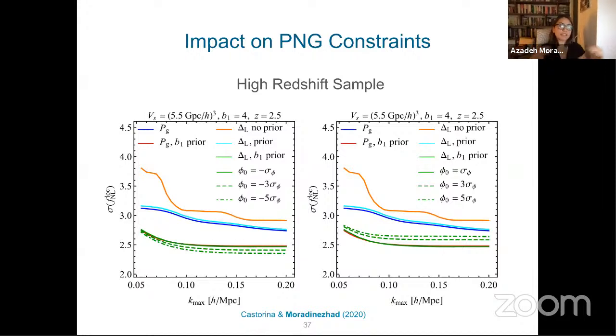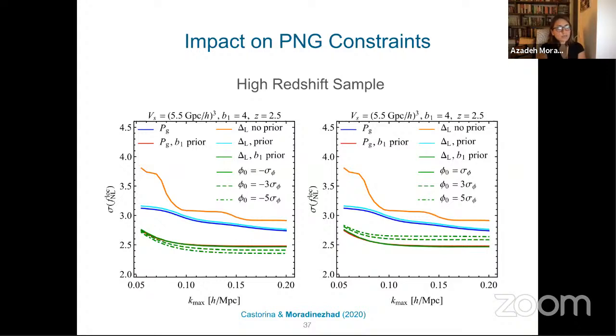So you just leave it as a free parameter and you assume no prior knowledge on it. And doing so impacts the constraint on FNL significantly if you limit your analysis to only maximum k of below 0.1, and about 10%, let's say, if you push your analysis to 0.2.